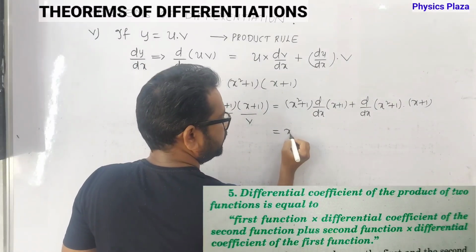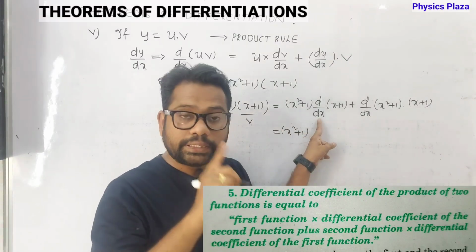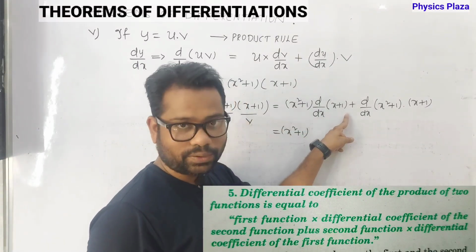Now let us apply it as usual. This is going to be x square plus 1. Children, according to the second theorem of differentiation, the differential operator can be applied inside. Okay, now fine.